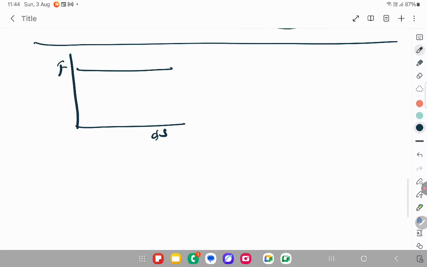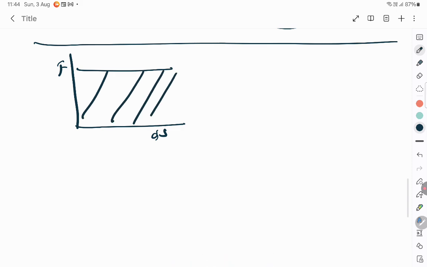So next, force into displacement is what gives you work, and if it's a constant force, then the work done is calculated by finding the area under the graph, which is F into ds.